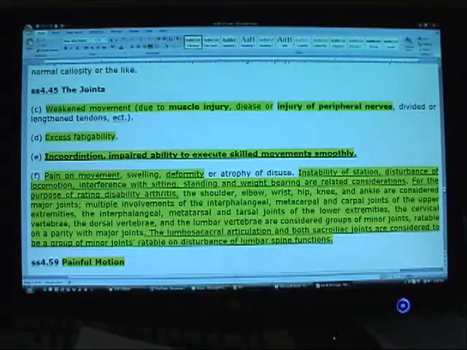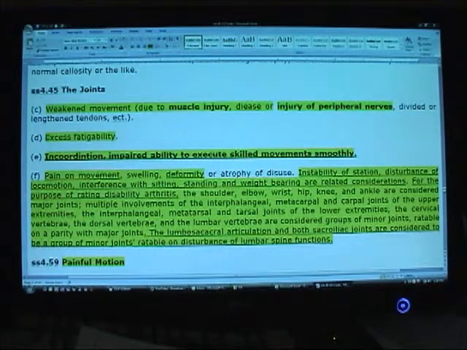For the purpose of rating disability from arthritis, the shoulder, elbow, wrist, hip, knee, and ankle are considered major joints. Multiple involvements of the interphalangeal, metacarpal, and carpal joints of the upper extremities, the interphalangeal, metatarsal, and tarsal joints of the lower extremities, the cervical vertebrae, the dorsal vertebrae, and the lumbar vertebrae are considered groups of minor joints, ratable on a parity with major joints.